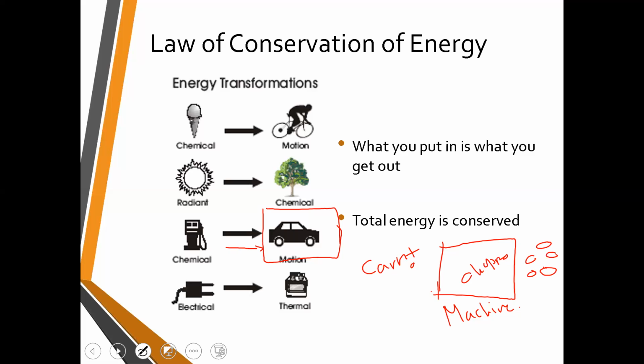The carrot is converted to small pieces because there's a machine. Inside the machine, there's a process that cuts the carrot into small pieces. It's a closed system because the same amount of carrot I put in is the same amount of carrot I have. You don't put in one carrot and get the amount of tiny pieces for two carrots. What you put in is what you get out.